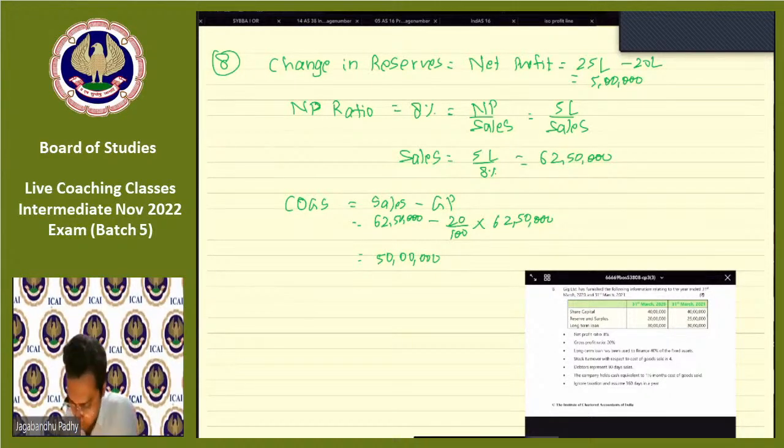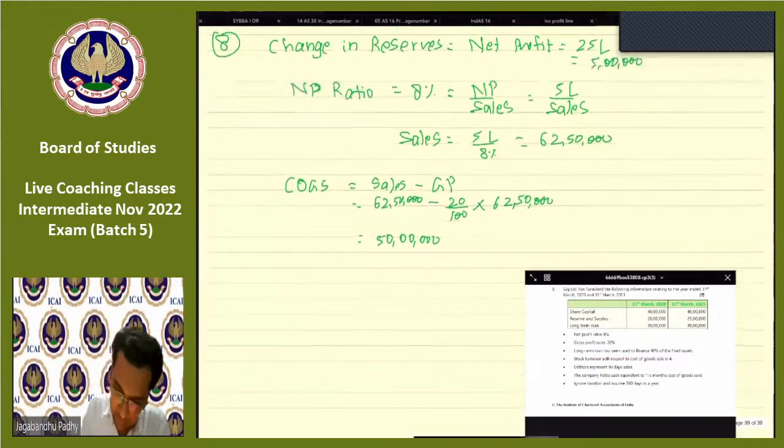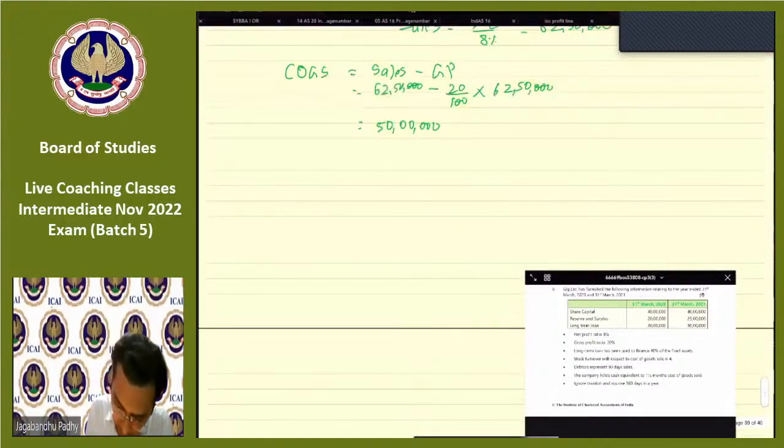Then stock turnover with respect to cost of goods sold, they're saying it is 4. Fixed asset: long-term loans have been used to finance 40% of fixed assets. So we have long-term loan to fixed assets as 40%.